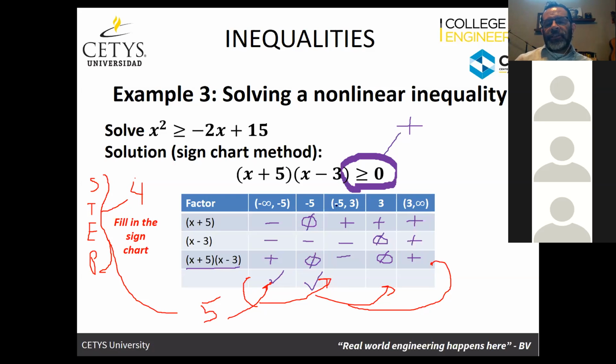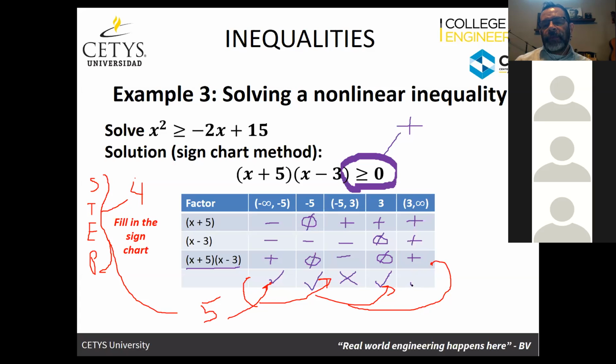Is the interval minus 5 to 3 larger than or equal to 0? No, because it's negative. So this one is a no. Is the 3 larger than or equal to 0? Yes, so this is a check mark. And is the interval from 3 to infinite larger than or equal to 0?